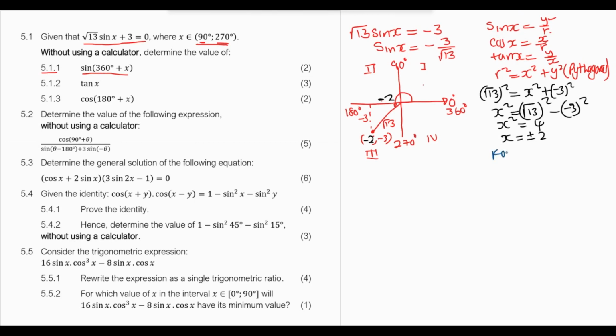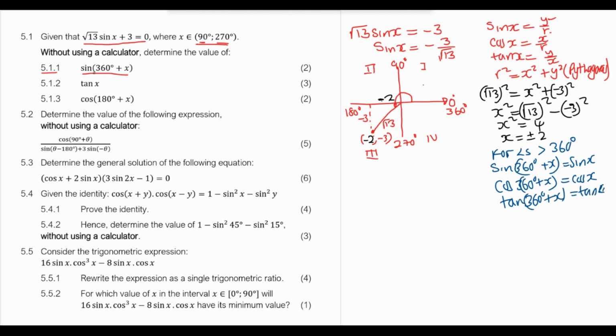For angles greater than 360 degrees, remember that sine 360 degrees plus x is equal to sine x. Cos 360 degrees plus x is equal to cos x. Then tan 360 degrees plus x is equal to tan x.